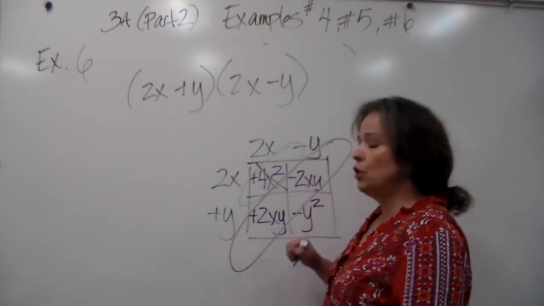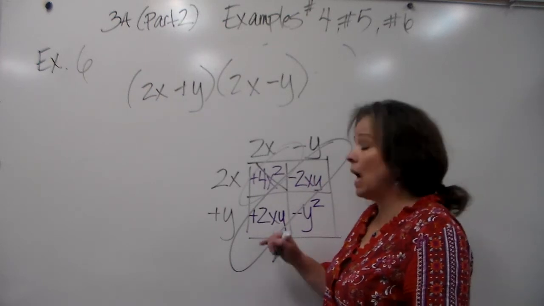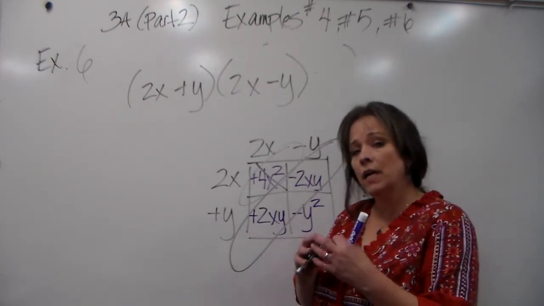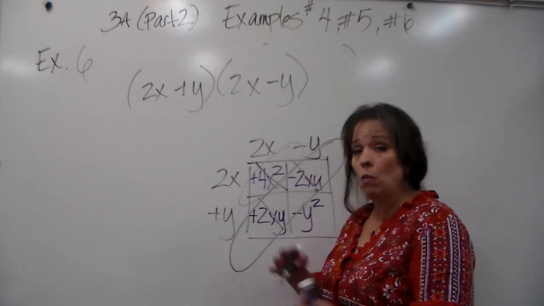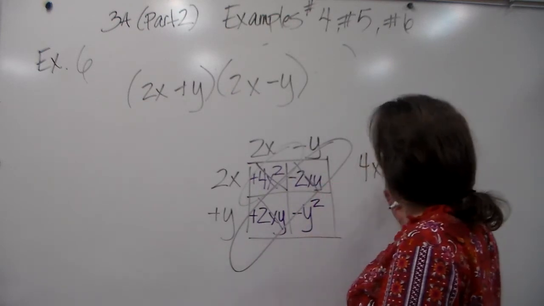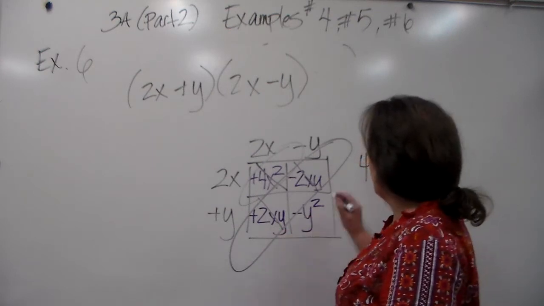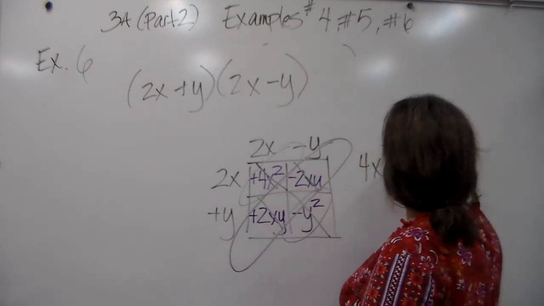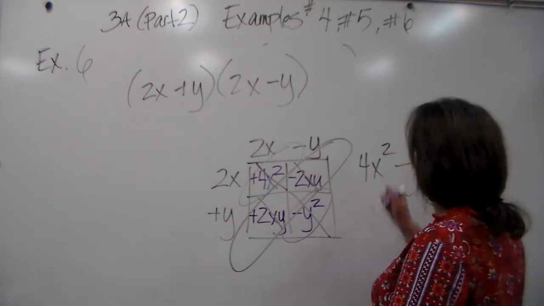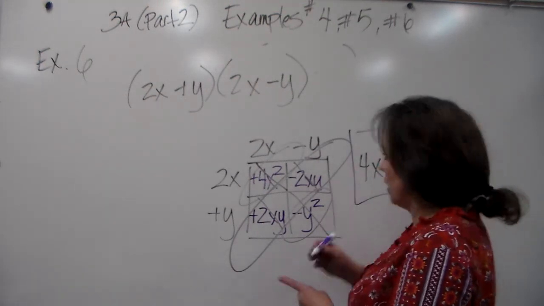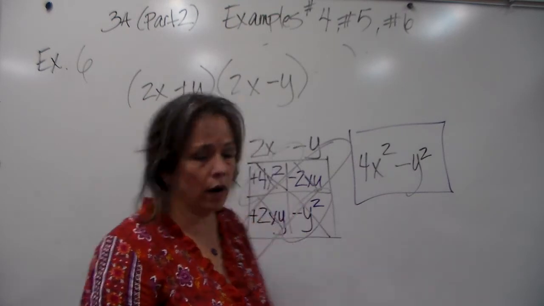So negative 2xy combined with positive 2xy combines to 0. So those will cancel. And we won't see that term showing up in our answer. But of course we need that negative y squared term. Okay? And that's our answer. 4x squared minus y squared.